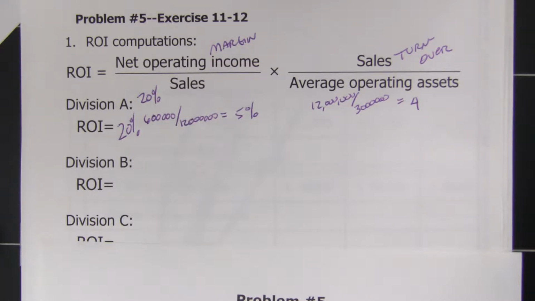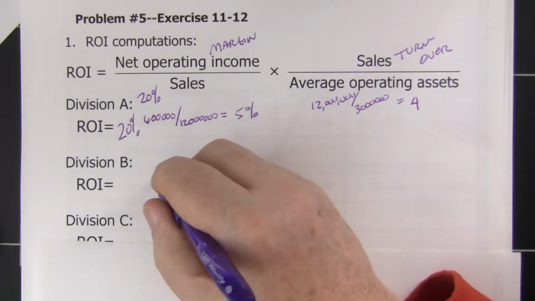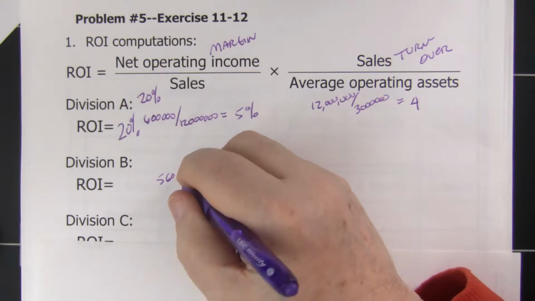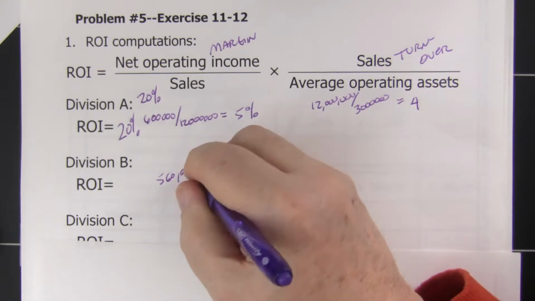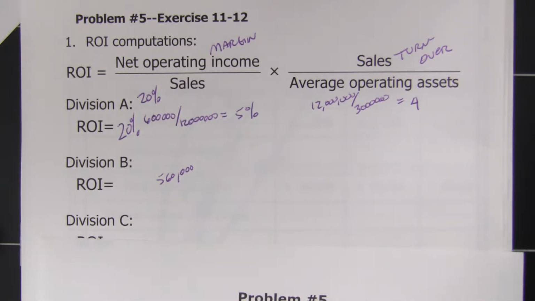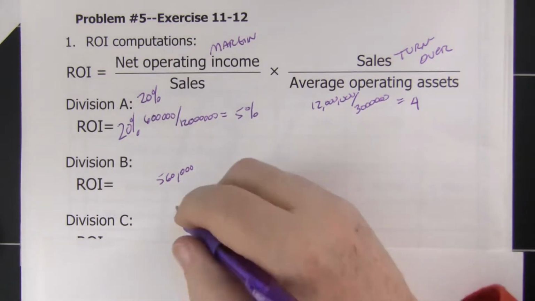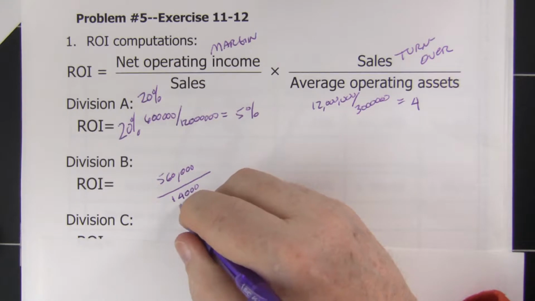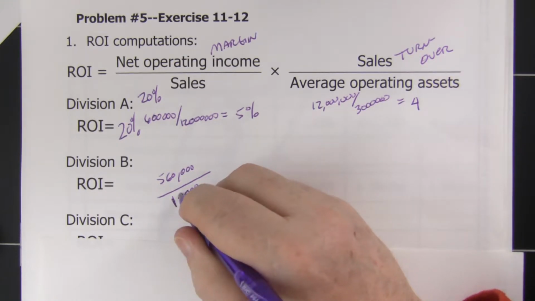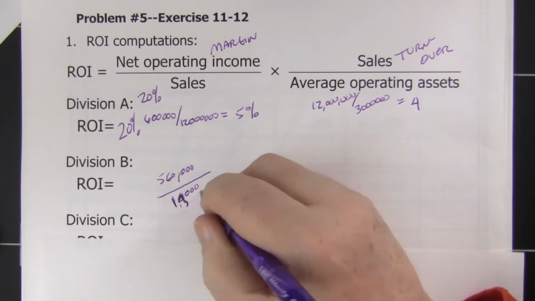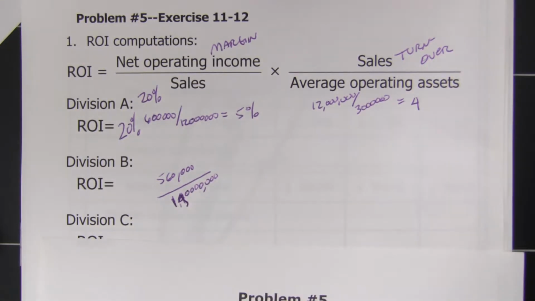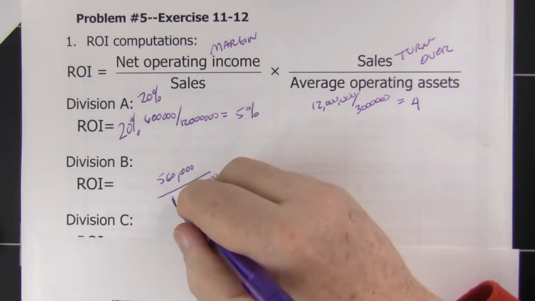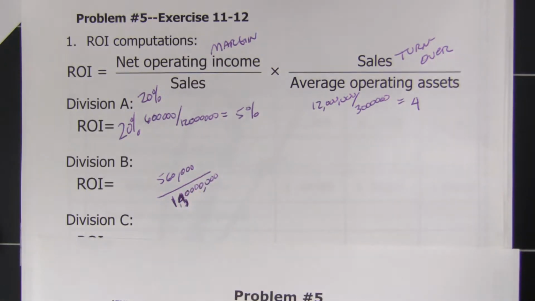Now let's take a look at Division B. Division B has $560,000 in operating income. They have $14 million in sales. Without doing any numbers at all, I've got to have a talk with that manager. You're not very efficient if you're at $14 million in sales and you're coming up with $560,000 in operating income, okay?